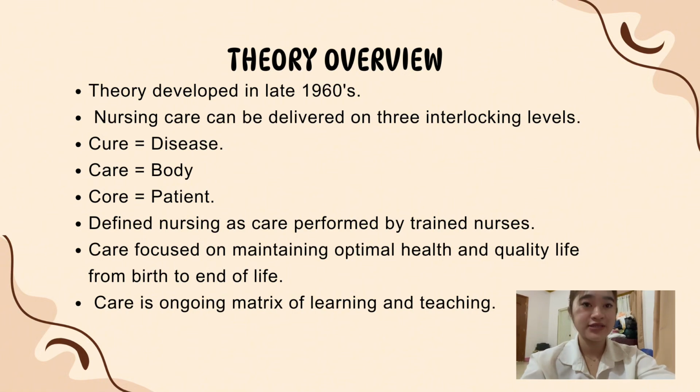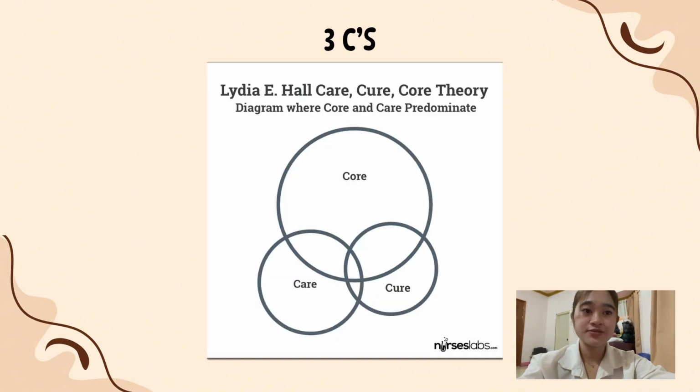The main goal is to help patients stay healthy and live a good life, from birth until all ages. She also said that nursing is a continuous process of learning and teaching between the nurse and the patients.